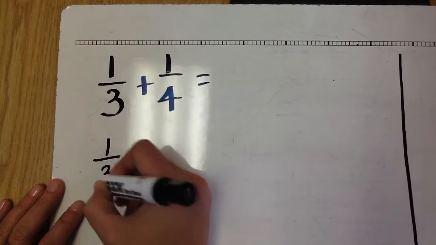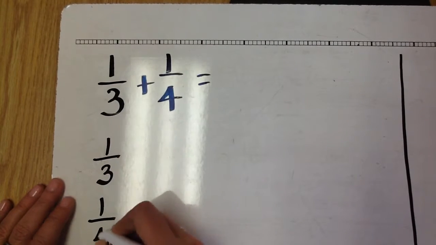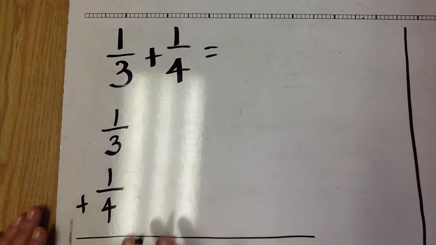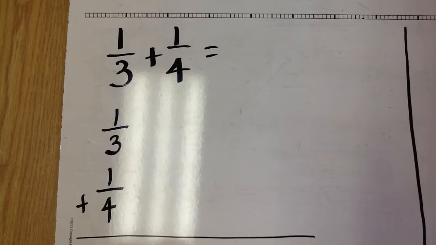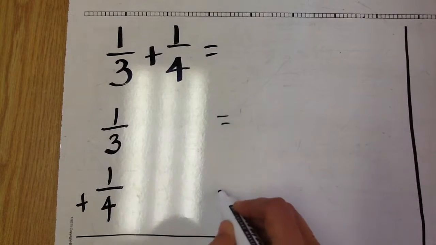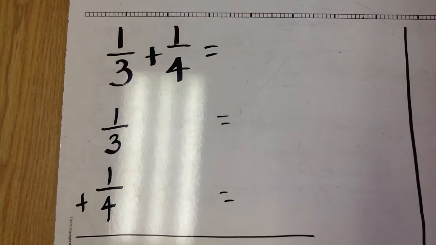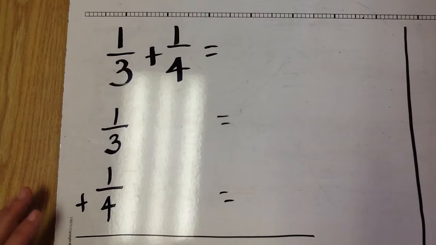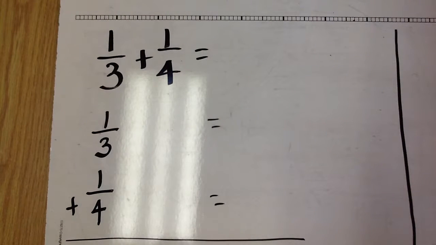I always encourage the students to rewrite the problem going vertically, because it's a little bit easier to work that way, and then use this method to help find a common denominator. So if I have the denominators of 3 and 4, one thing that I can do is count by 3s and count by 4s to try to find a common multiple.